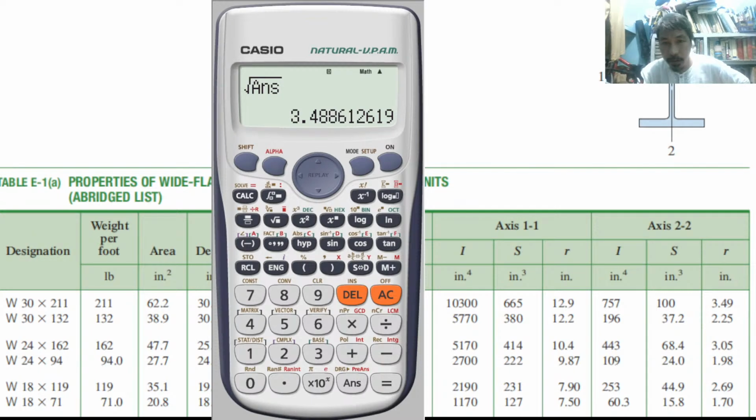For W10 by 22, Rx is 4.91. For Ry, use the inertia, divide by area, then take the square root. The same is true with Rx: use the inertia 10,300, divide by A, and take the square root of the result. You can get the R.